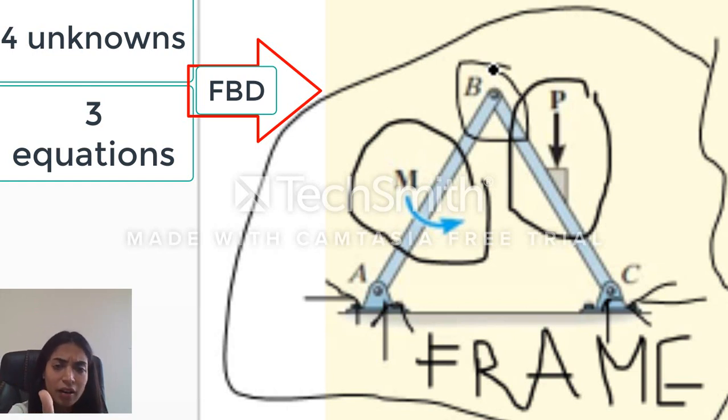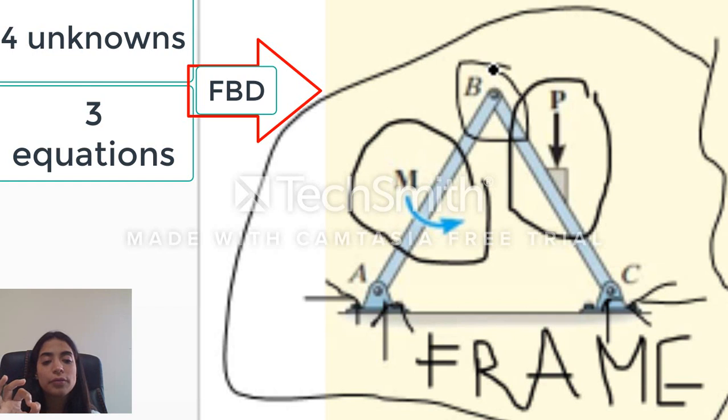Now, why here, guys, I'm not showing these reactions? Because in fact, these reactions are internal if I take the whole frame as my free body diagram. So what should I do?